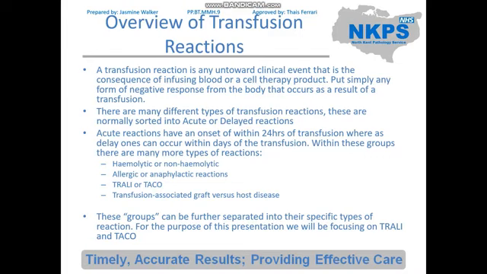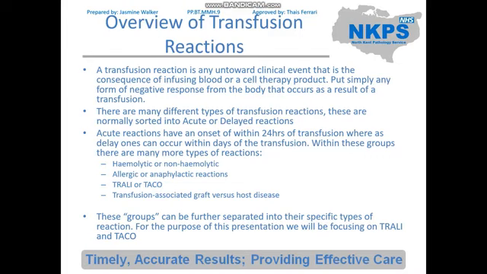Within these groups, there are then several different types of reactions. So the most well known will be the hemolytic transfusion reaction, and we can again split transfusion reactions into two categories. We can go hemolytic or non-hemolytic, but hemolytic is the one that everyone knows about. That's due to an ABO incompatibility.